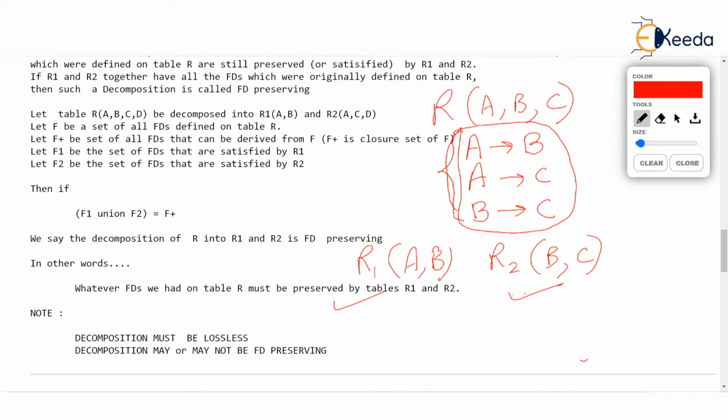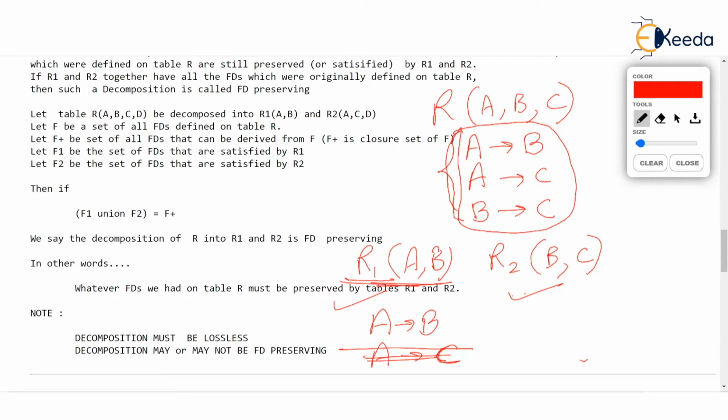Now if you look at the R1 table, from the original dependencies, we see that A determines B. Now from the original table, we also see that A determines C. But we can't include A determines C under R1 because attribute C is missing in R1. So how can you define A determines C for R1?